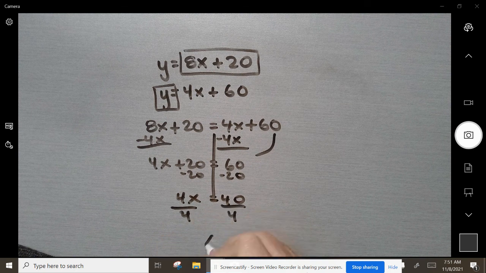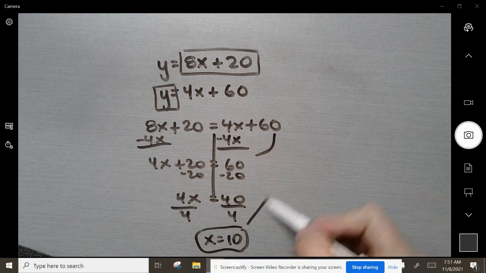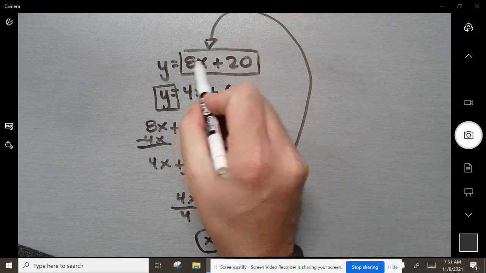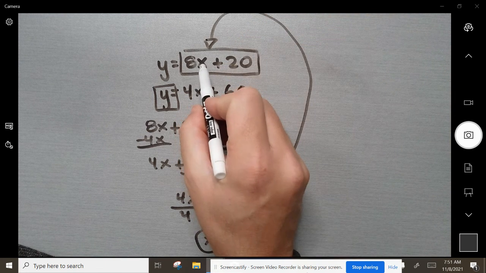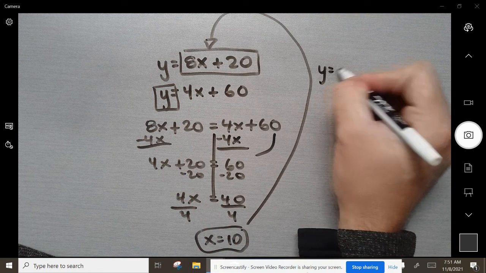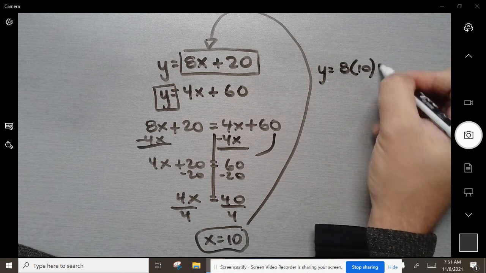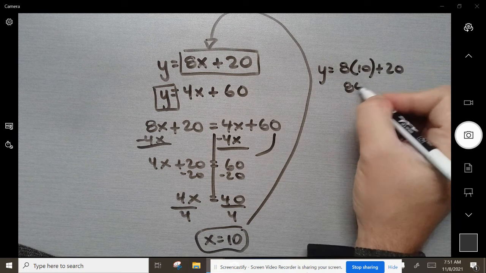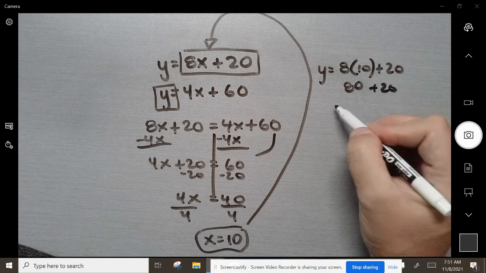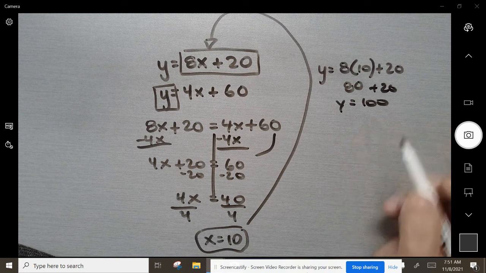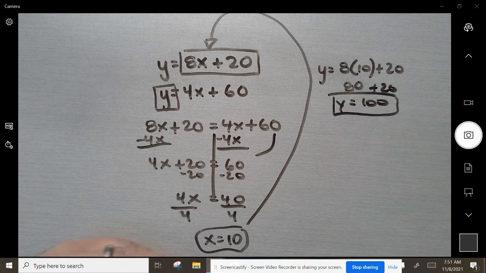Divide by 4. X equals 10. If x equals 10, plug it back in. 8 times 10 is 80. 80 plus 20. And let's just make sure you understand what's happening. All right. 8 times 10 is 80. 80 plus 20 is 100. Y equals 100.